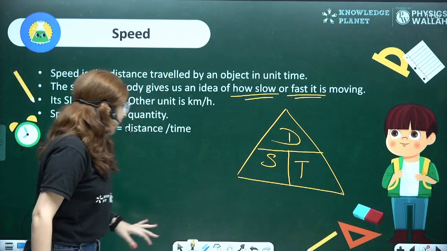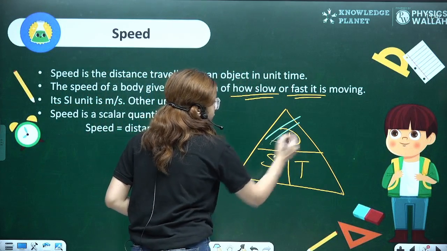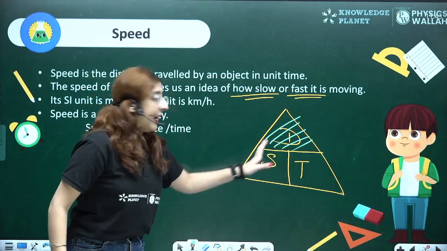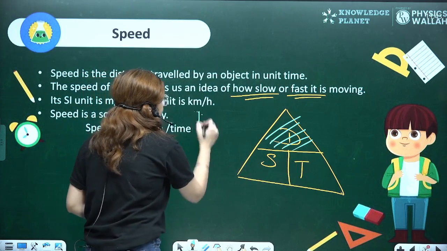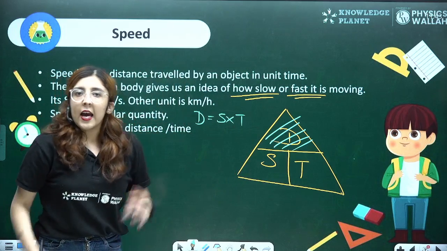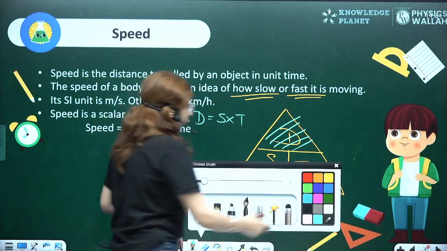See, I want to find out distance, so I hide the distance portion. What is remaining in the triangle? Speed and time. So distance is speed into time. Let's do one more. Have a look at time: hide the time portion.